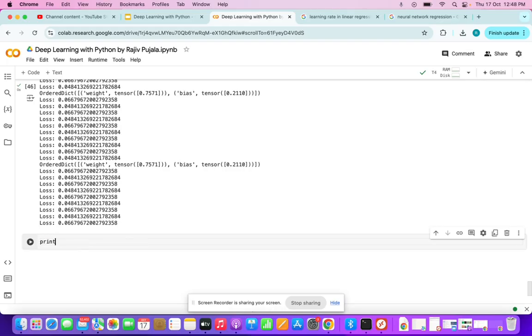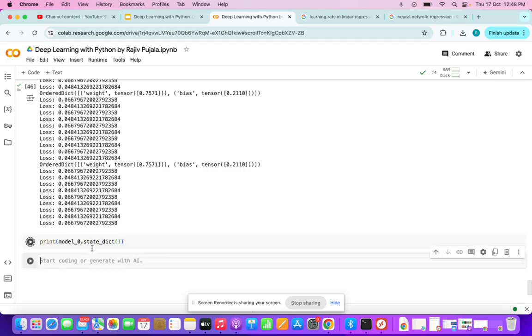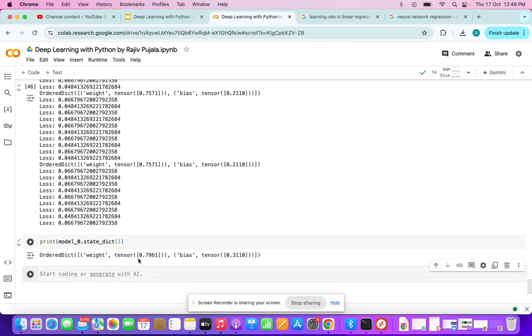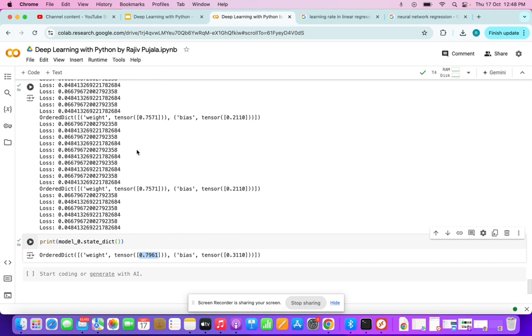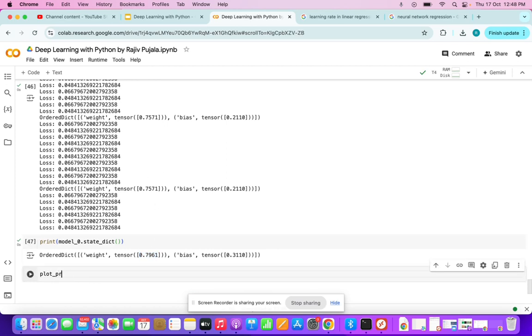Let's print model 0 dot state dict and see the best values. It is 0.7961 and 0.3. So we have done it 100 times, and now let's have a look at our graph.